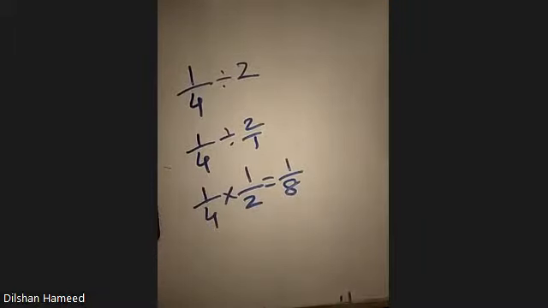So how do we understand this practically? A quarter, if you want to divide it into 2, then it is 1/8. How do we understand this? Hopefully the answer is clear.